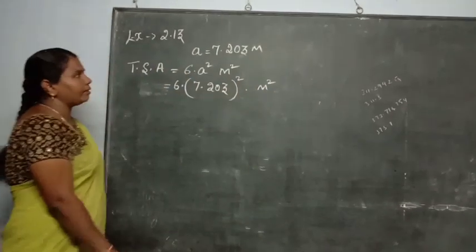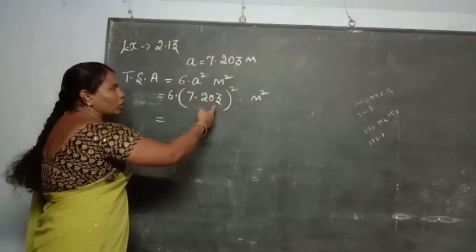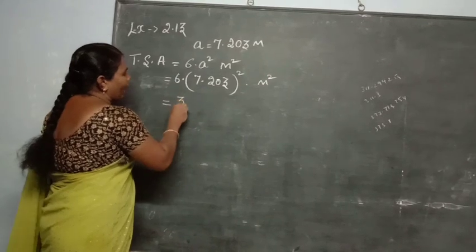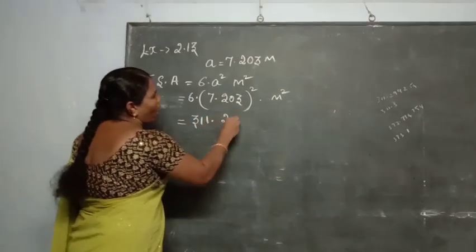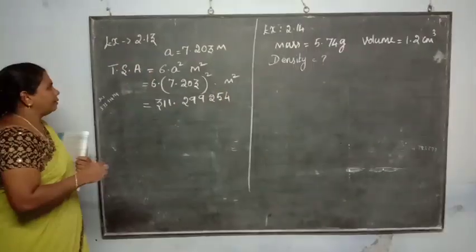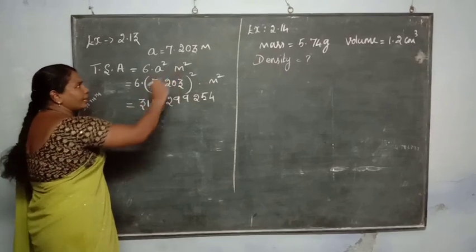Meter square. Then multiplying 7.203 into 7.203 into 6, you get the answer 311.299254.